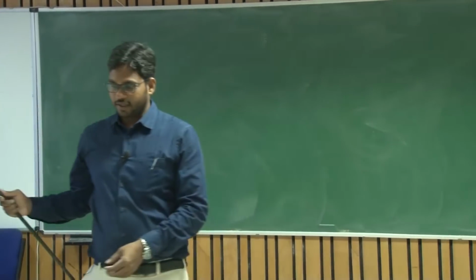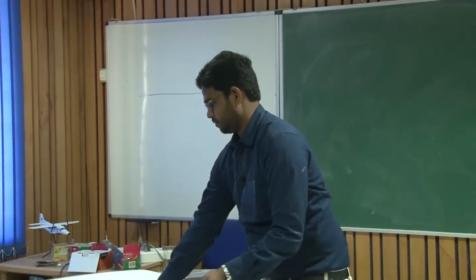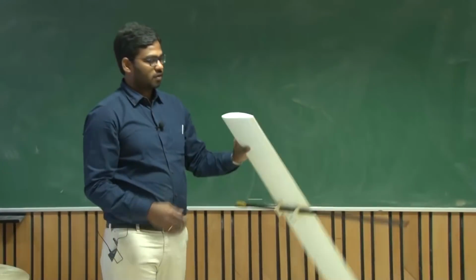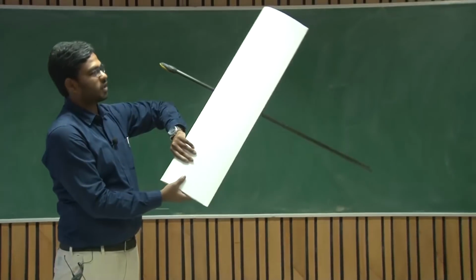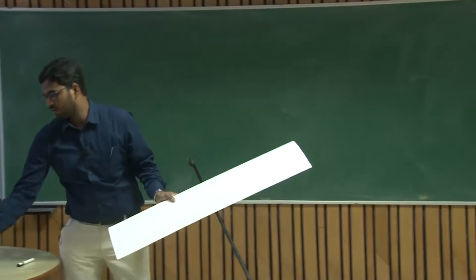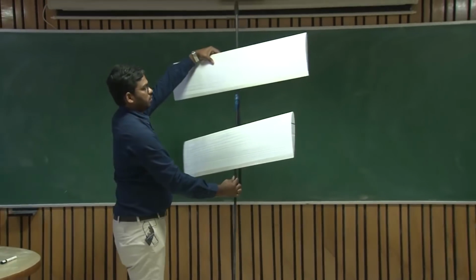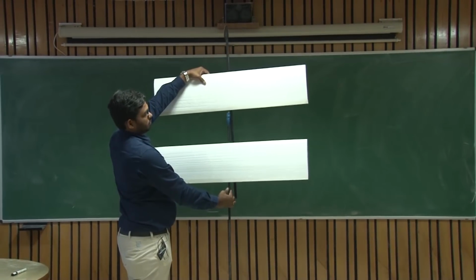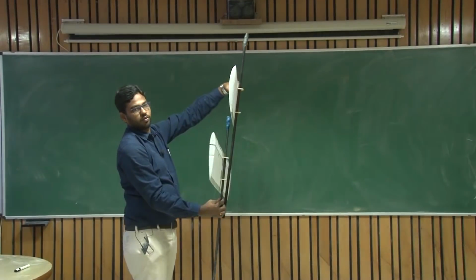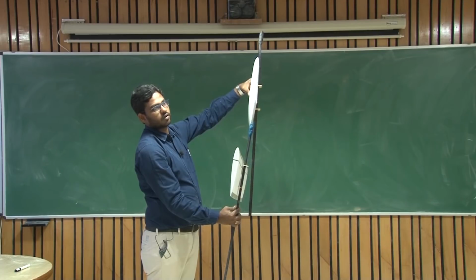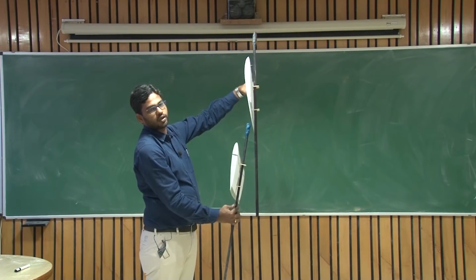Okay, let us take another wing. This is a cambered aerofoil wing of 1 meter span. Both the models have the same planform geometry, but the difference between these two wings is the cross-sectional profile. We have used different aerofoils.